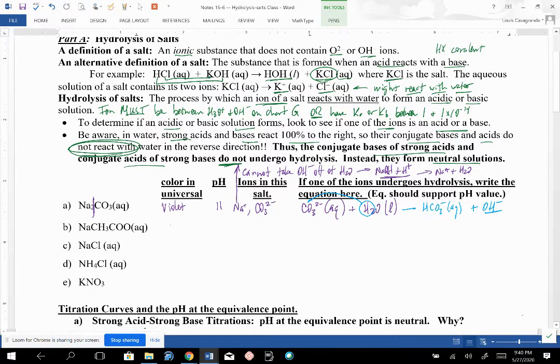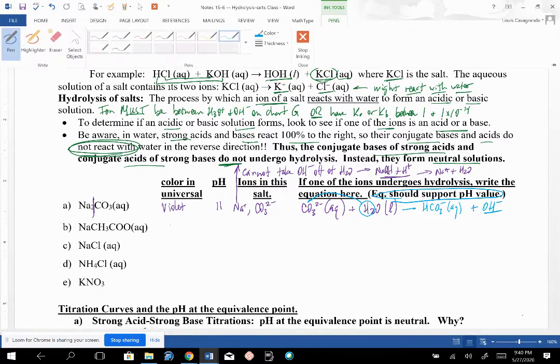And that OH minus, that's the source of the base. And when I say the equations to support the pH value, you should be looking for either hydroxide here or hydronium ion to correspond to the pH.